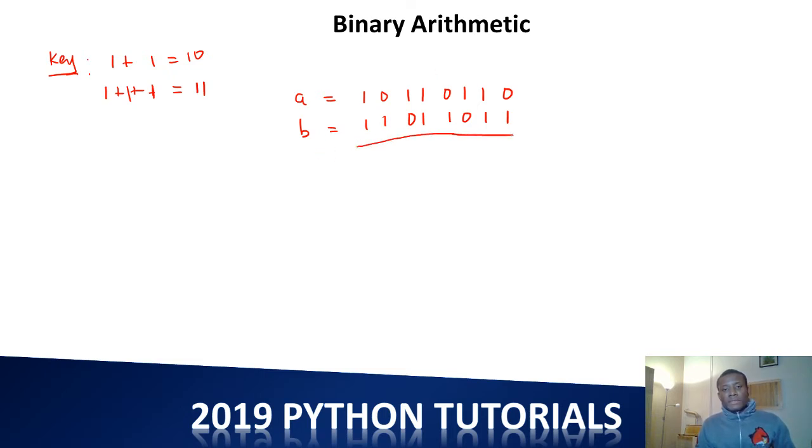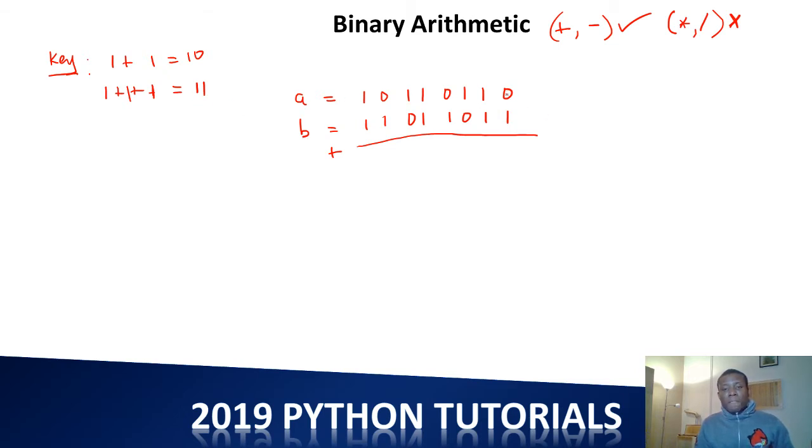Also take note that in binary arithmetic, you only have plus and minus. You don't normally have multiplication and division. And if you know how to do the plus and minus, you are okay. So take note of this key as we move along.